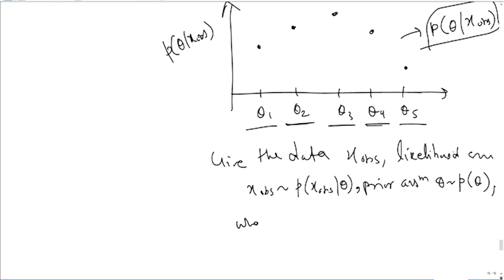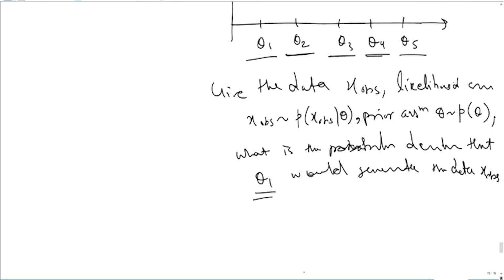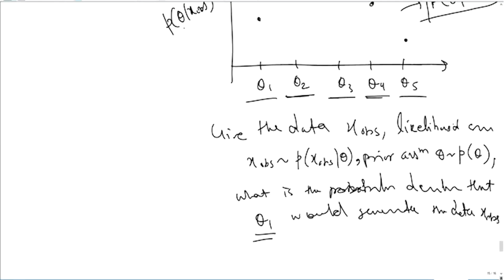what is the probability density that theta 1, or any particular value of theta, would generate the data, the observed data x obs, right? So given the likelihood assumption and prior assumption, what is the probability density that a particular value of theta 1 would generate the data? So we are calculating the probability density of a particular value of theta given the data.